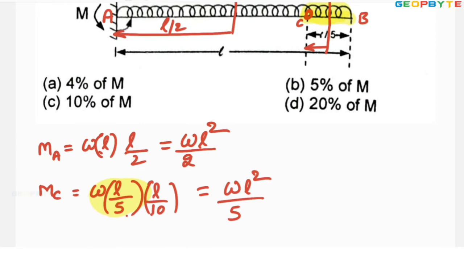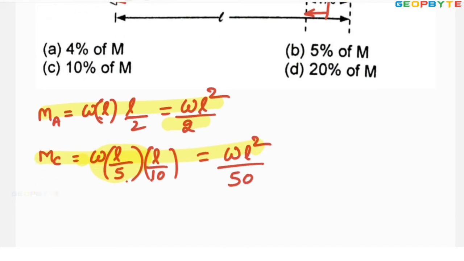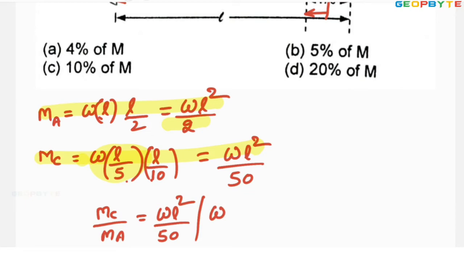You know, bending moment at A is WL square by 2. Bending moment at C is WL square by 50. Then bending moment at C by bending moment at A equals WL square by 50, whole thing divided by WL square by 2. This WL square is cancelled.